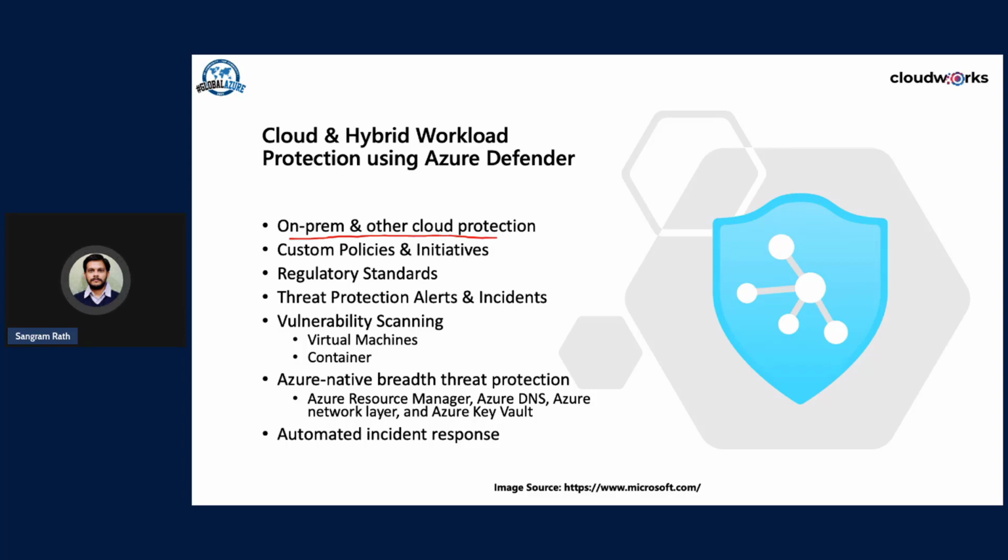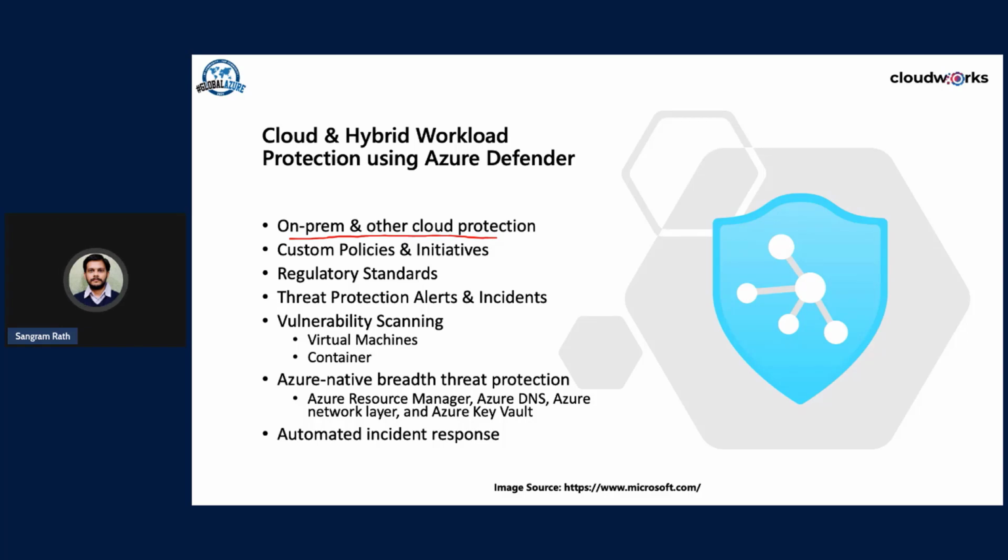Apart from this, you've got Azure native threat protection for Azure Resource Manager, which is in preview, Azure DNS, which is also in preview, right? You've got protection solutions for the network layer, which we'll talk about, right? Adaptive network hardening.